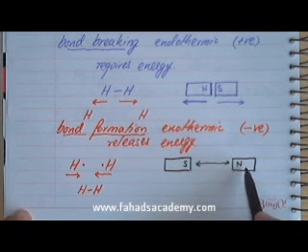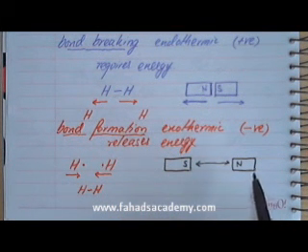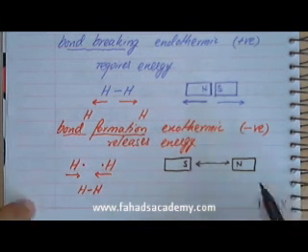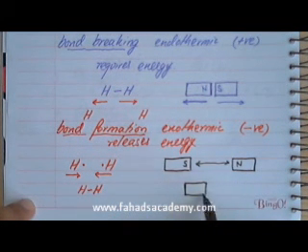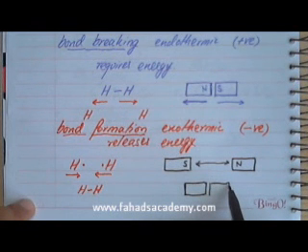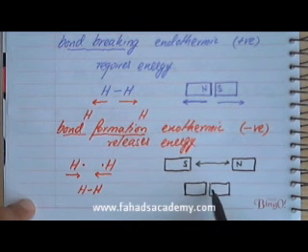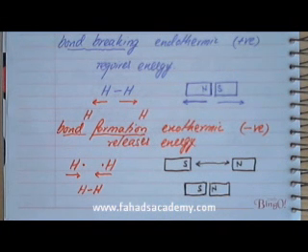If you keep these two magnets close enough, you are not supposed to apply any energy. These two magnets are going to get attracted to each other on their own. They're going to do work, and that work is done by them, not by you. So when they're doing work, they're going to end up producing energy, and the two magnets are going to end up sticking together.